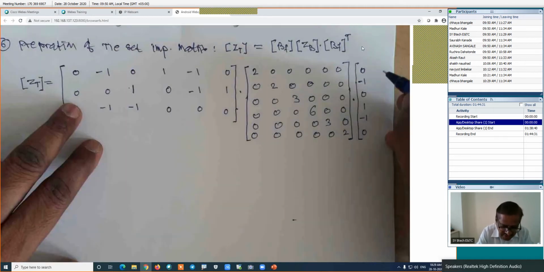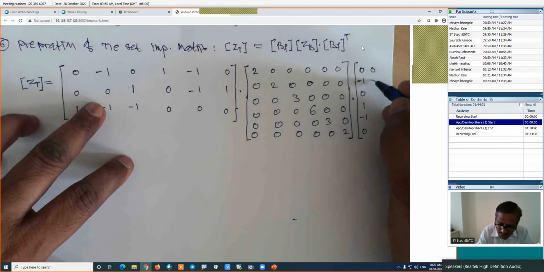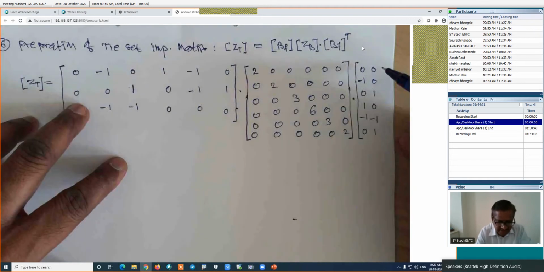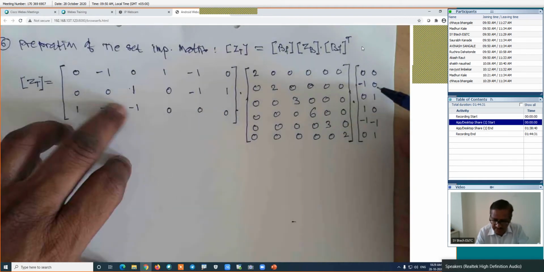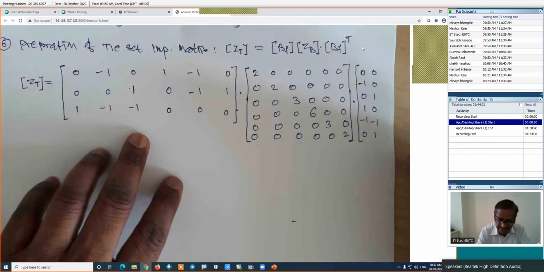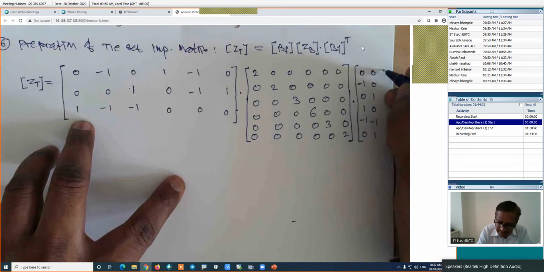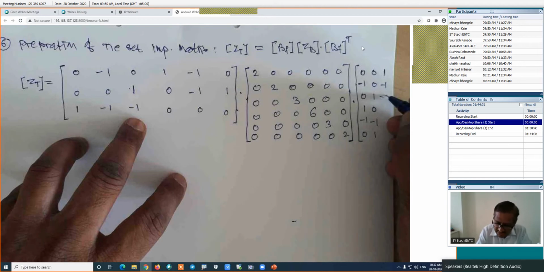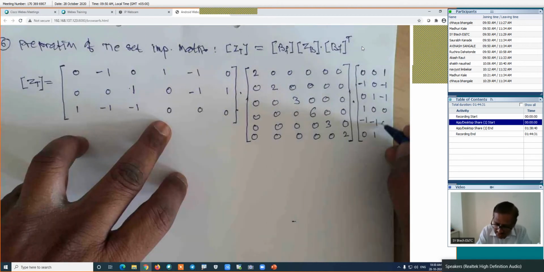Finally, the next is 0, 0, 1, 0 again, -1, and 1. I will check once again. 0, 0, 1, 0, -1, and then 1. And finally, this will be 1, -1, again -1, 0, 0, 0.